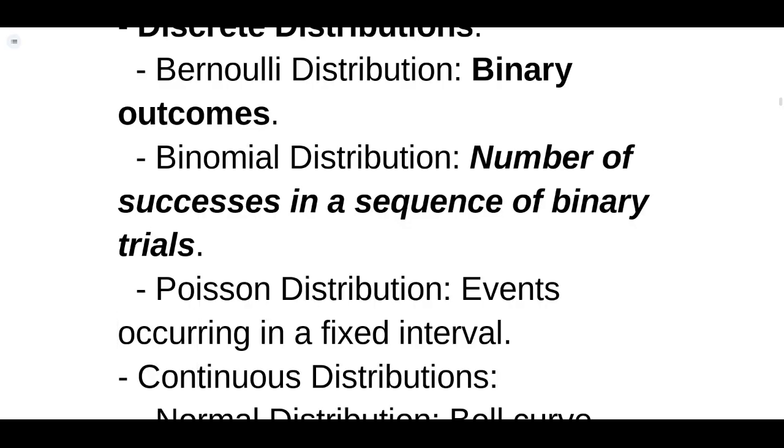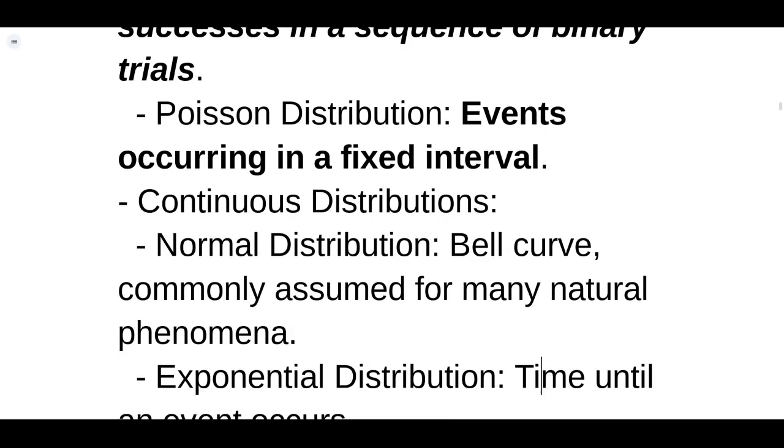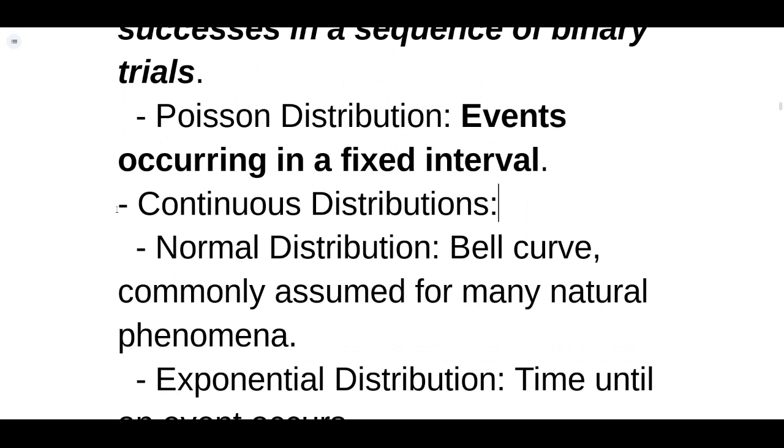Poisson distribution, events occurring in a fixed interval. Now comes continuous distribution.